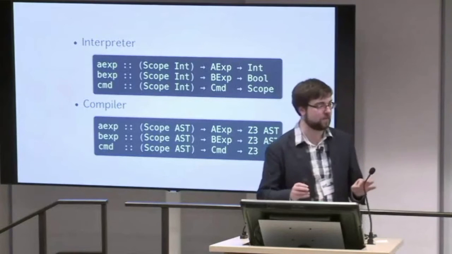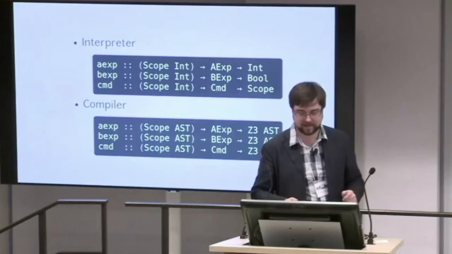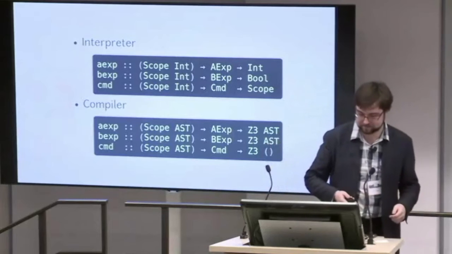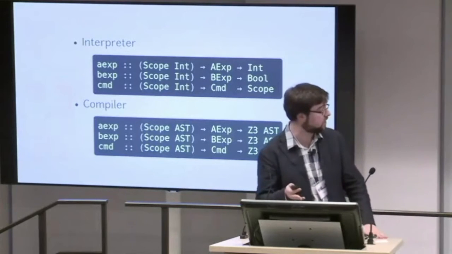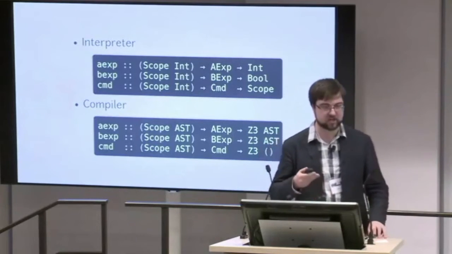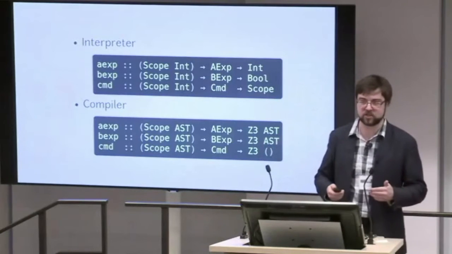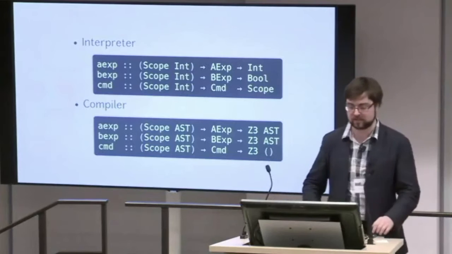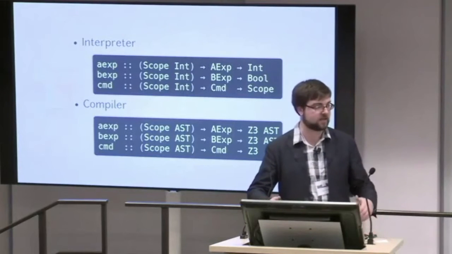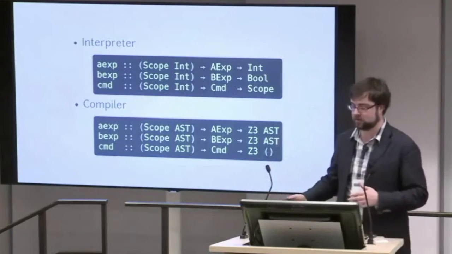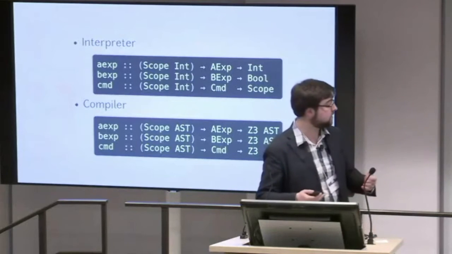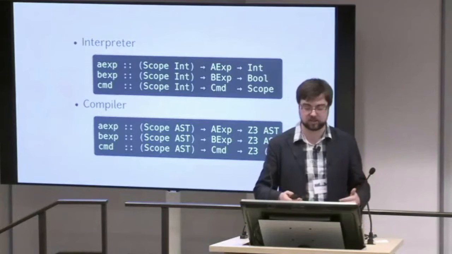And that nobody ever makes any scope errors, so the variable is always going to be in scope. And so finally, in the case of Z3, once we actually run a command, we can just bundle it as its own assertion and give it to the solver. So instead of returning an AST that needs to be combined with other pieces, we just assert directly, which is why the type of the command compiler is just a Z3 of unit.